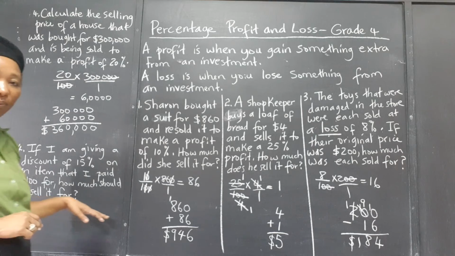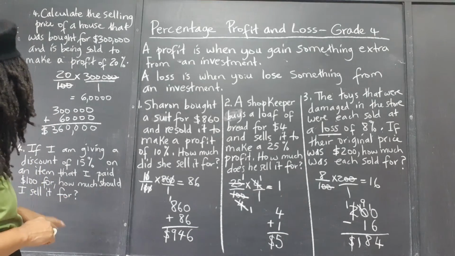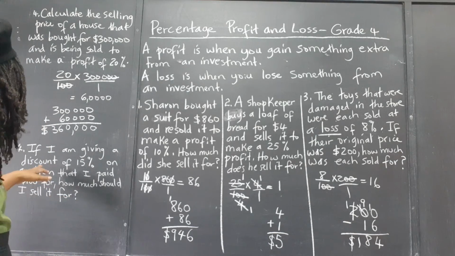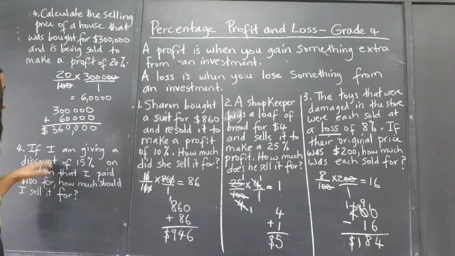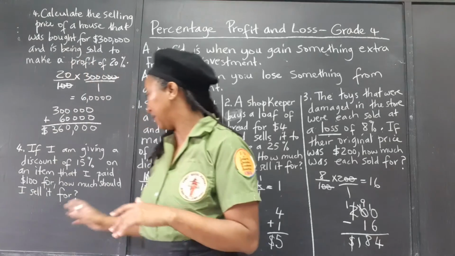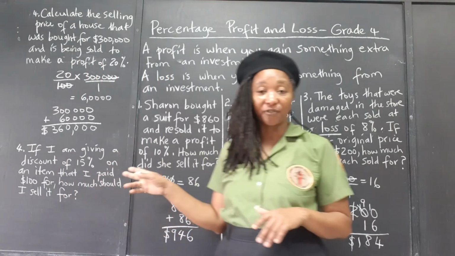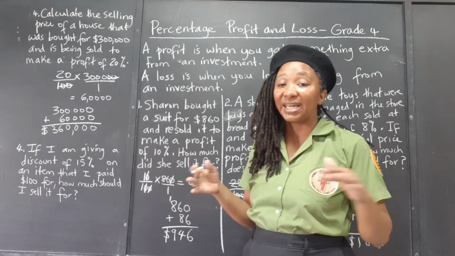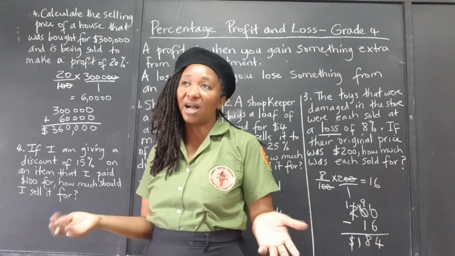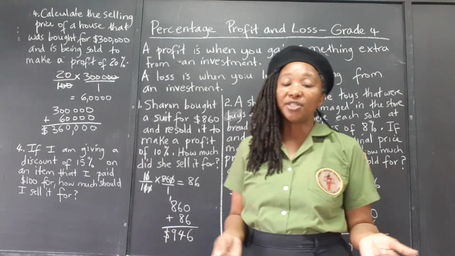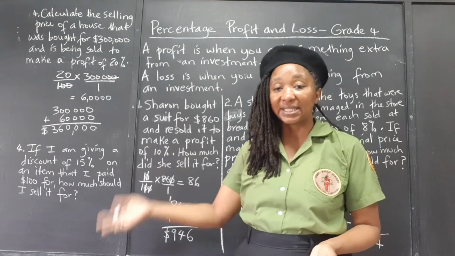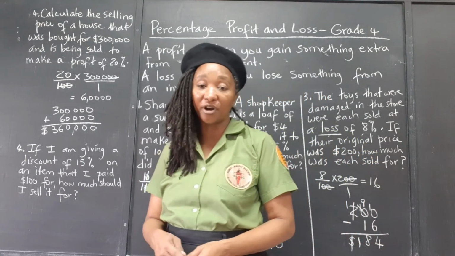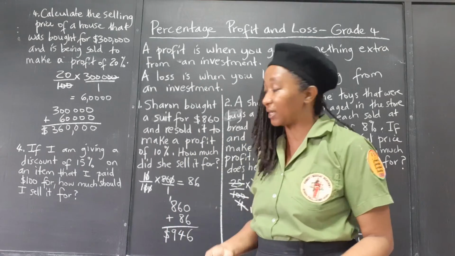And the last problem here this morning for profit and loss, if I am giving a discount of 15% on an item that I paid $100 for, how much should I sell the item for? So I'm giving a discount. When you're giving a discount, you're actually losing because you're offering the thing for less than you'd normally be selling it for. That's a discount, right?